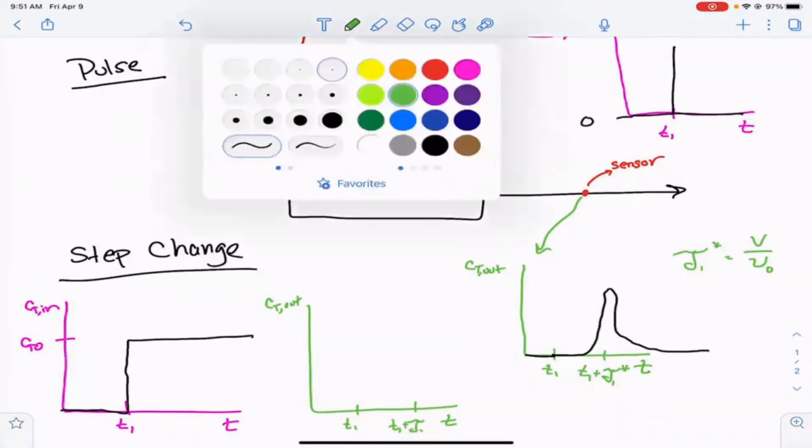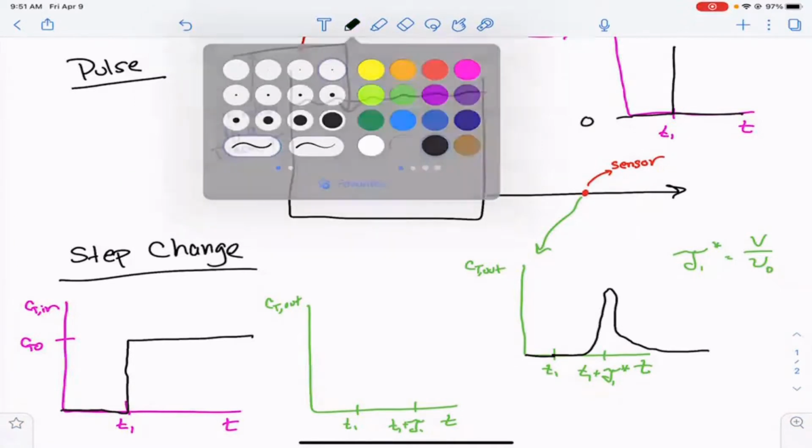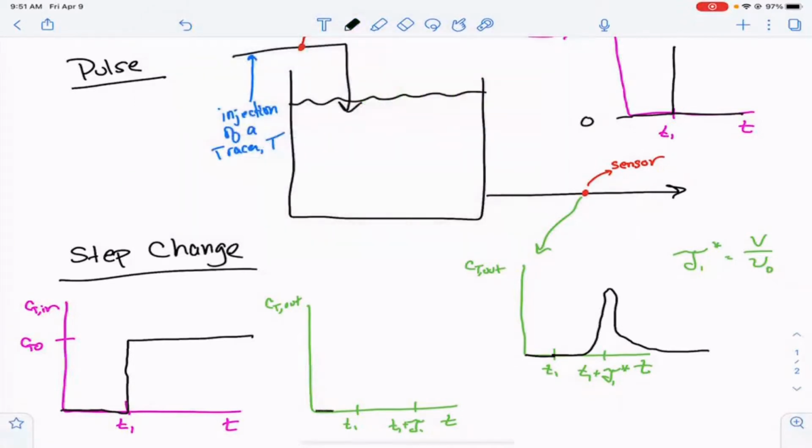Well, you have some amount of time after that where the concentration gradient develops. So you're going to get all the way out to here, that's still going to be equal to 0. And then at some point, you're going to start to see that the concentration at the outlet increases, but it doesn't do so in the same step change kind of way.